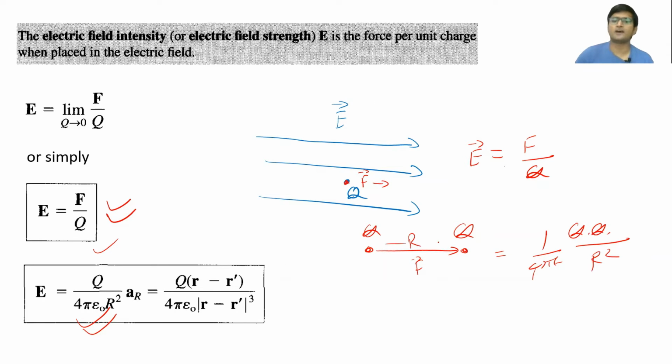Suppose this distance is r, so it will be r square. Now according to the electric field formula, all you have to do is divide the formula of F with q. So you will get E is equal to q upon 4 pi epsilon r square. And remember that the direction of electric field will be the same as the direction of F.